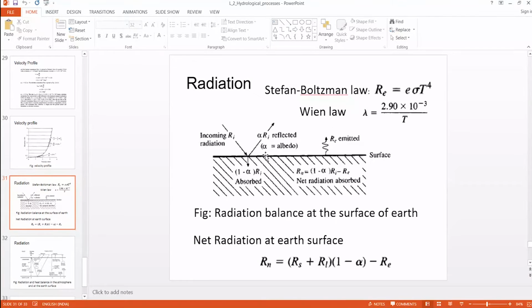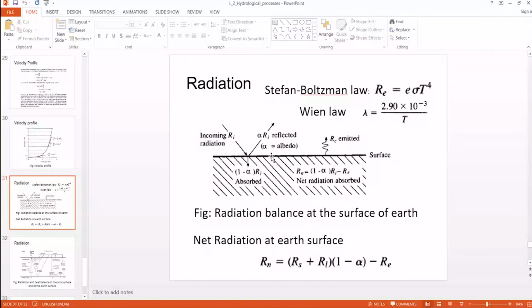The reflected quantity is equal to some constant times the incident radiation, that is alpha Ri. This alpha represents how strong the reflection is.